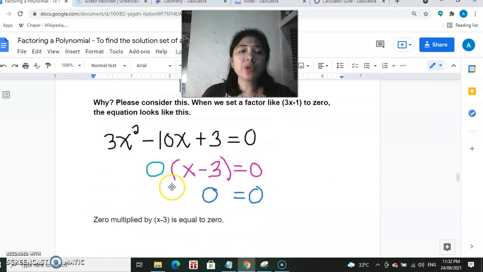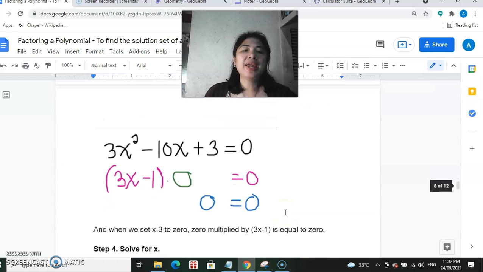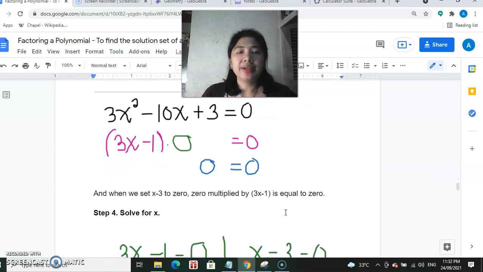And yes, 0 times x minus 3 is equal to 0. So that would make our statement true. And on the other hand, when we set x minus 3 to 0, it will look like this. And 0 multiplied by 3x minus 1 is equal to 0. And the statement is also true.